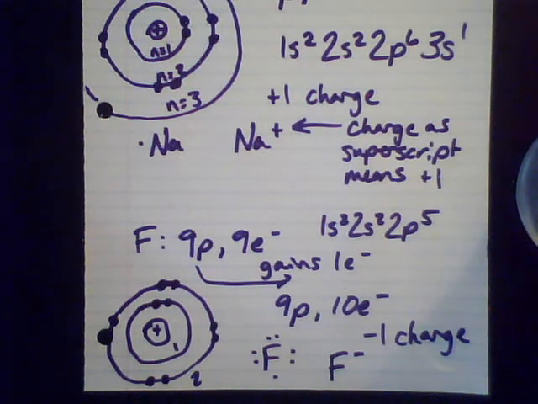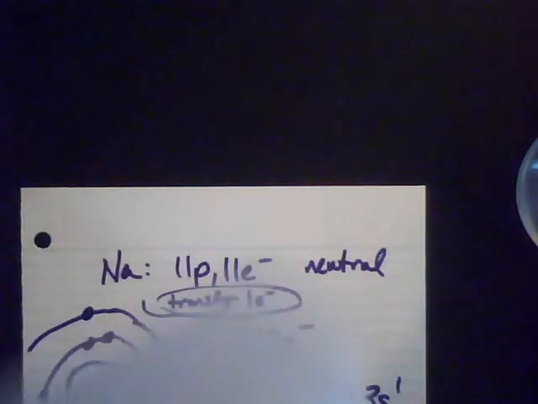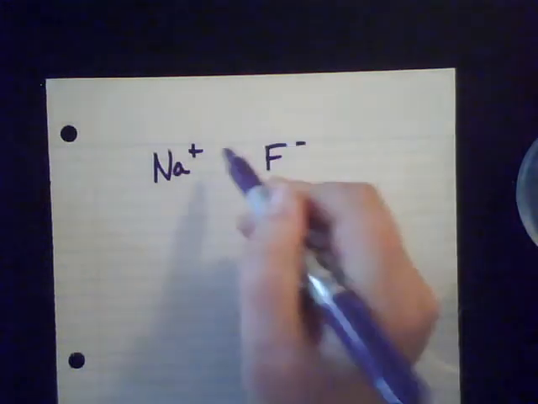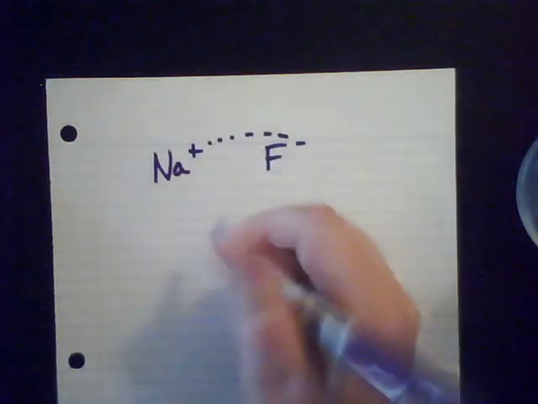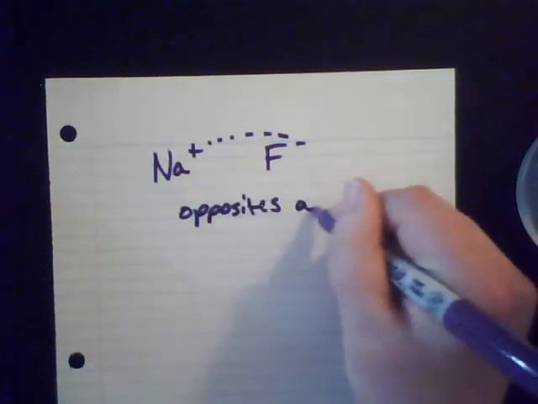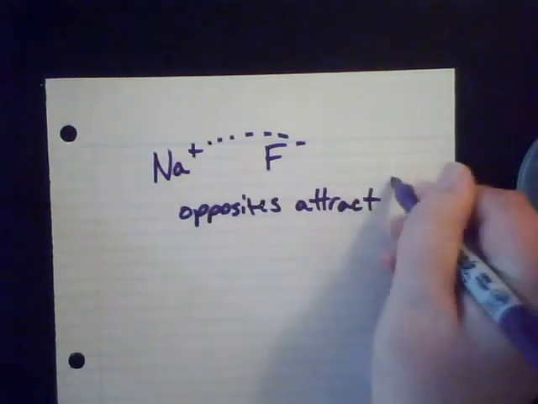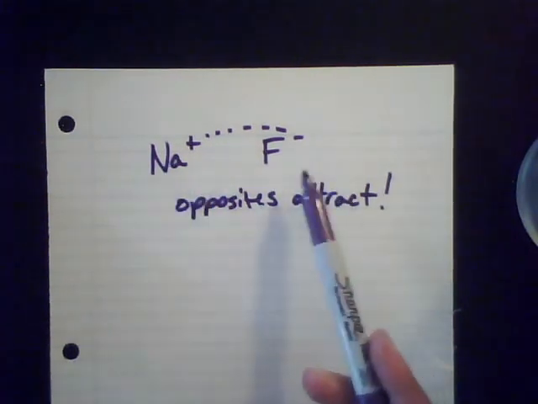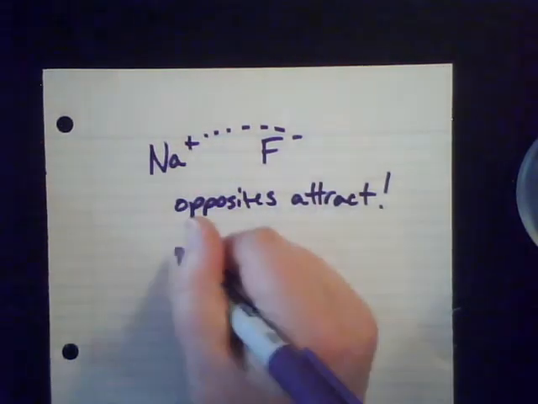Now if I transfer from my sodium to my fluorine like this, then I have a sodium that's a +1 and a fluorine that's a -1. And these charges are going to be attracted to each other because opposites attract. And that resulting charge attraction is going to give me an ionic bond.